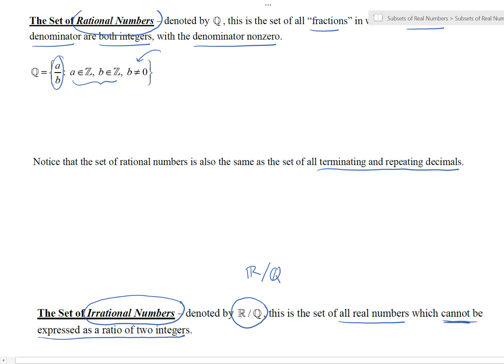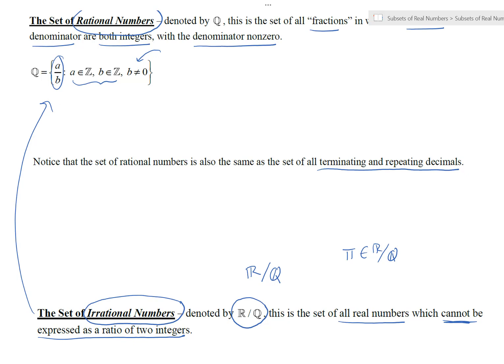So they can't be expressed as one of these up here. An easy example of that is pi. Pi is irrational because we cannot find a fractional representation of pi in the form that is rational. So it's in that set. Pi is not a rational number.